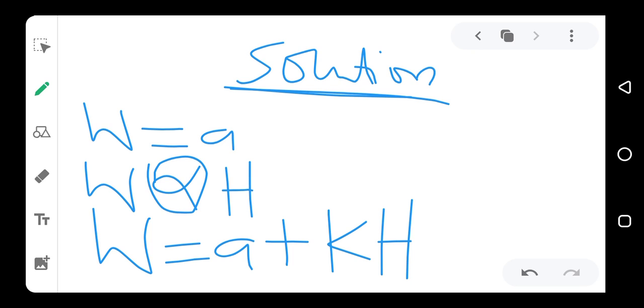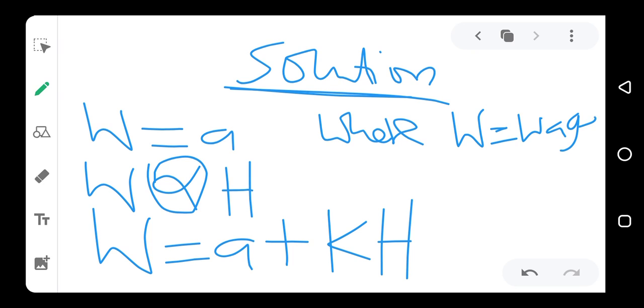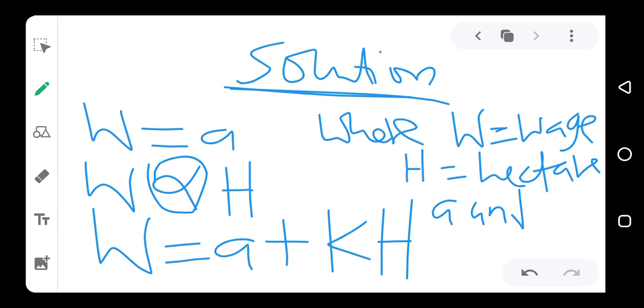So we can say where W is equal to wage, H is equal to hectare, and A and K are constants.